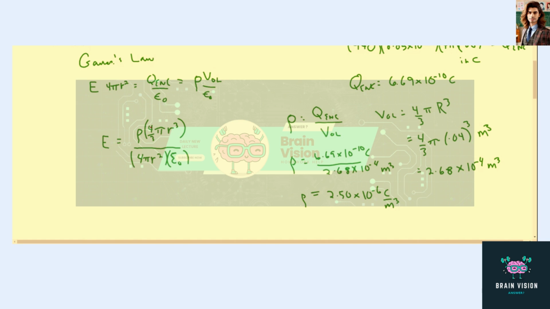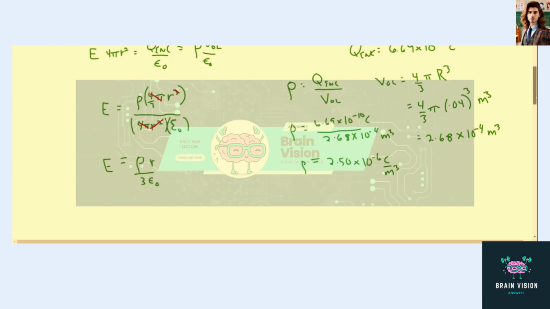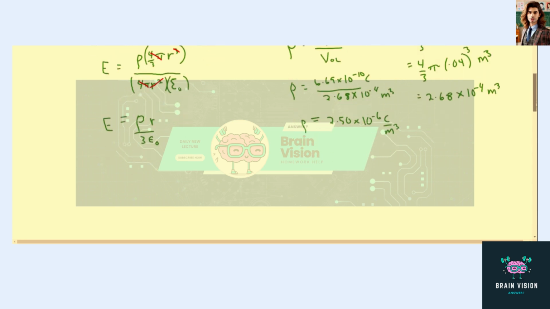Some things will cancel, including 2 powers of r. So we can see why finding that density was useful. We can now solve for the electric field at any point r inside the sphere. It will grow proportionate to the radial distance from the center.